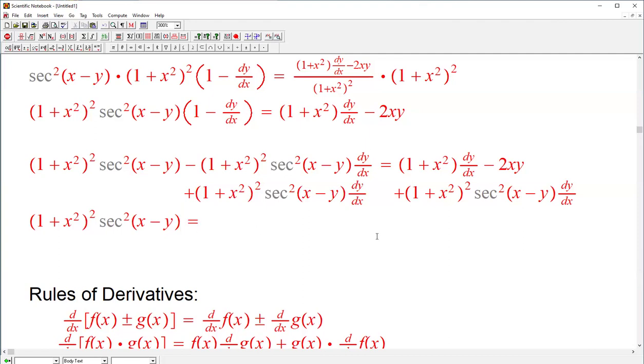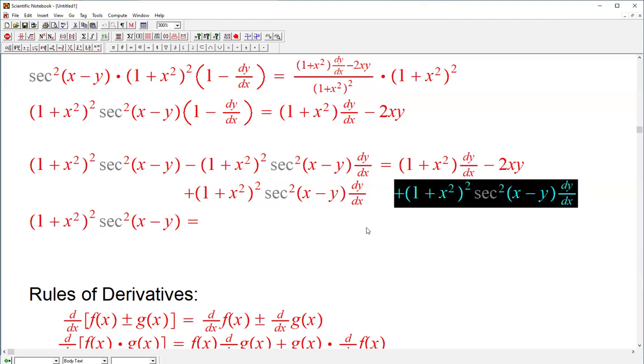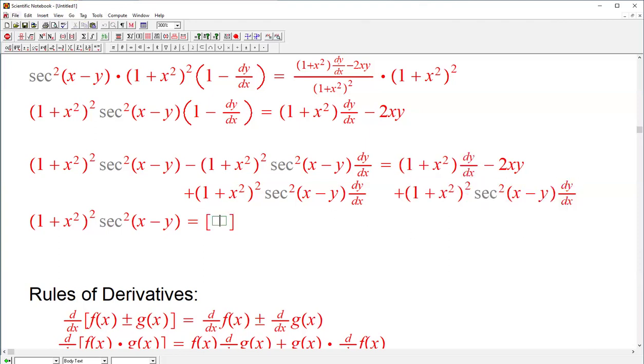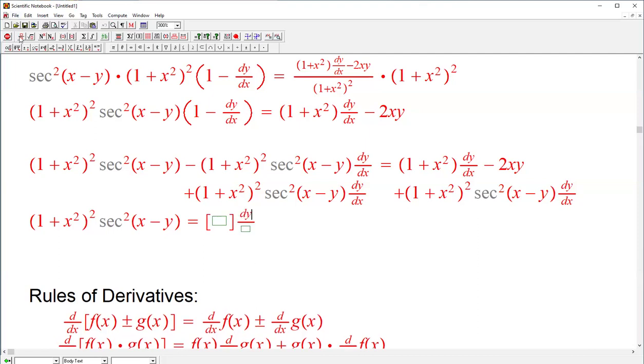On the right-hand side, this piece has dy dx and that piece has dy dx. So I have a dy dx factored out. But I still have this minus 2xy though, okay? Don't forget that. Because I haven't added 2xy to both sides, okay? We're going to do that on the next step.